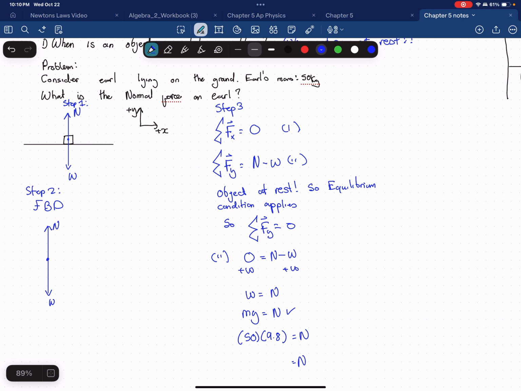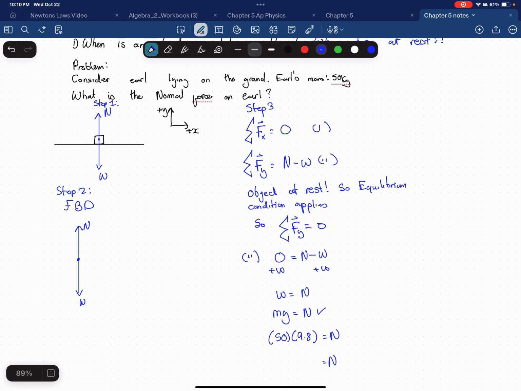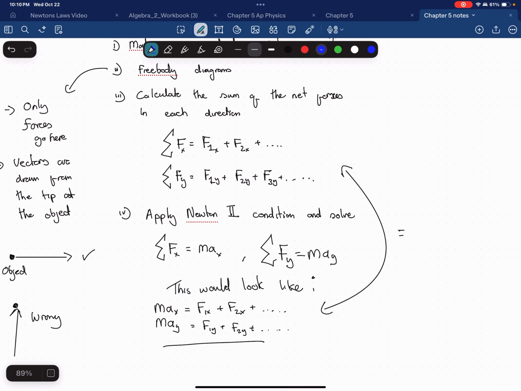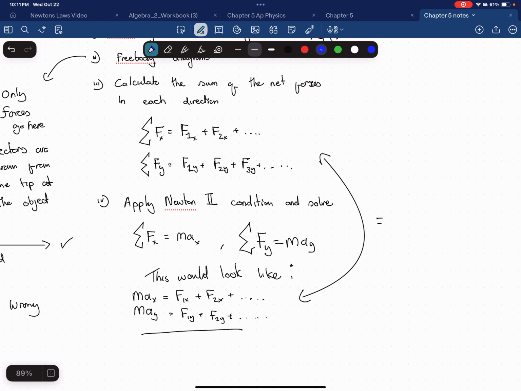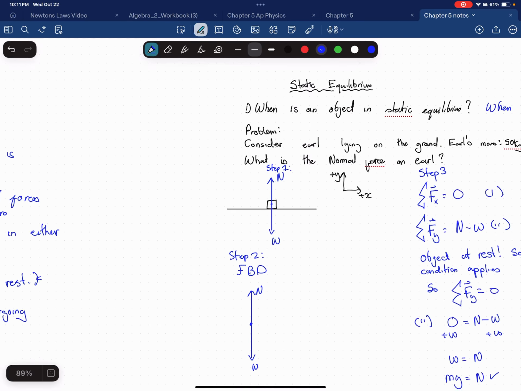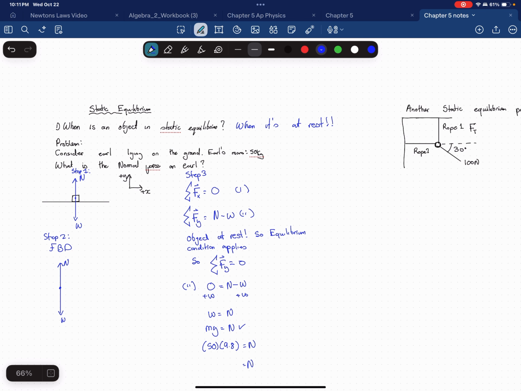So yeah, this is how equilibrium problems make life easy for us. If you go back to our steps, after we apply the Newton 2 condition and solve, here we can simply just say f of x is equal to 0 and f of y is equal to 0, because we know the object is in equilibrium. I hope that's clear.